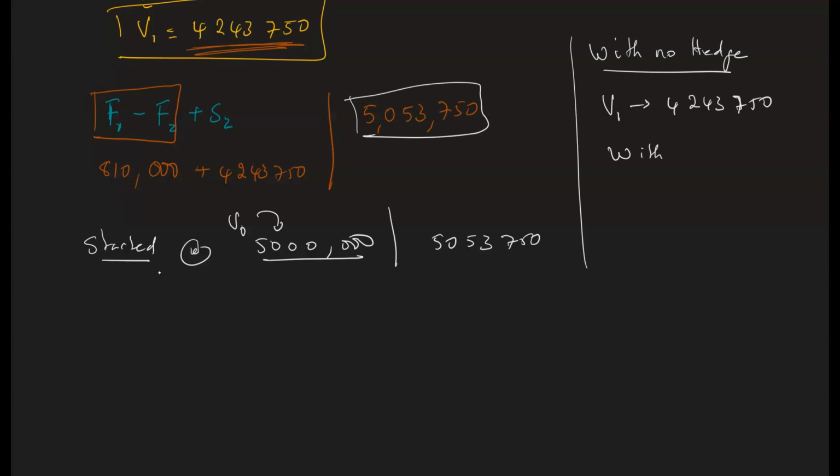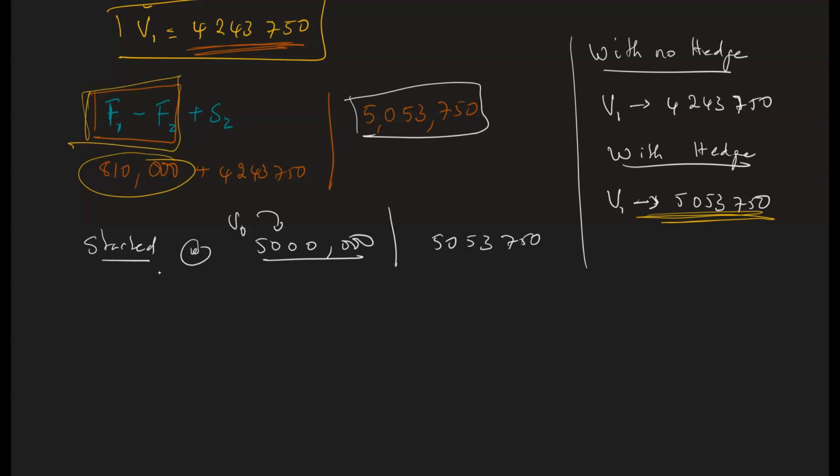With the hedge, the value of our portfolio is 5,053,750. So what we can tell ultimately is that the hedge has protected our position, because the hedge was profitable to the tune of 810,000. This is the outcome of the hedge. This is why we set up this hedge.